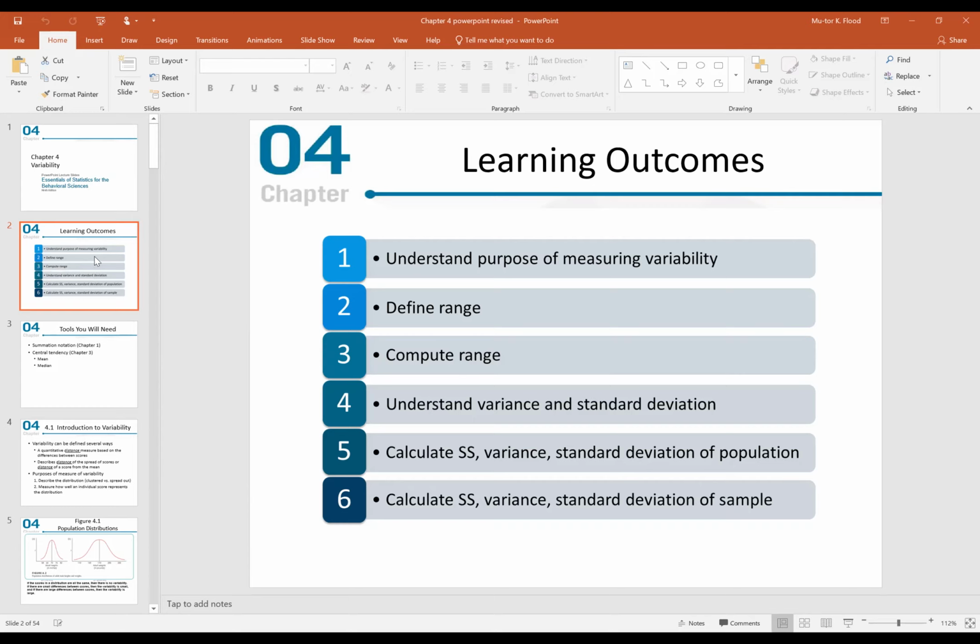We are not going to cover the range or computing the range, but you're more than welcome to review it in your textbook. I do want you, however, to understand what the variance and what the standard deviation mean and how to calculate those two statistics along with SS, which is the sum of the squared deviations, and how to do it for both a population and for a sample.